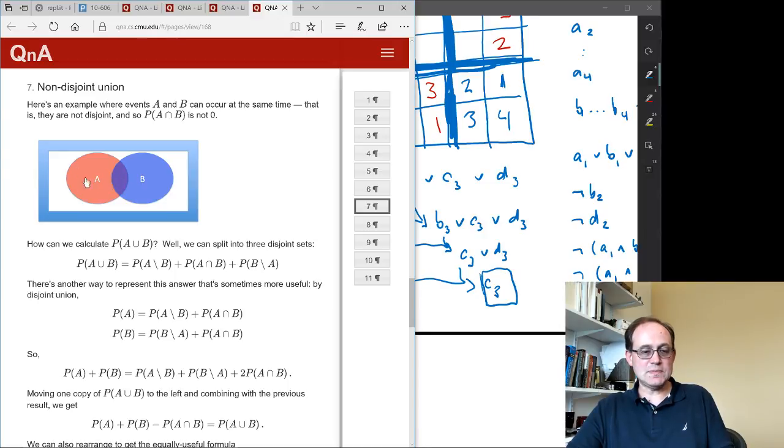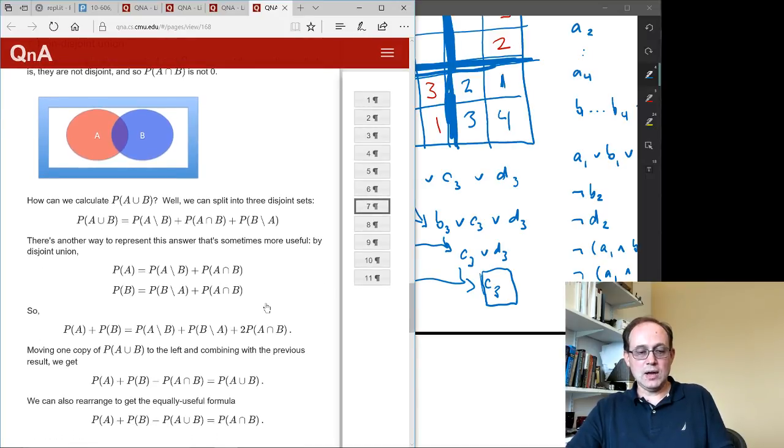There's A minus B, this red part here, B minus A, which is this blue part here, and then the overlap is purple, that's A intersect B, right? So P of A union B is P of A minus B plus P of B minus A plus the intersection. All right? So in particular, these 3 things are disjoint, right?